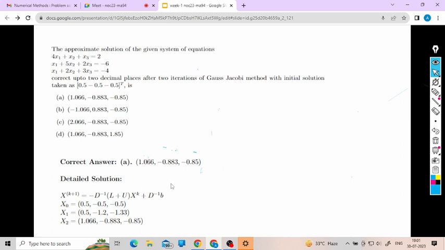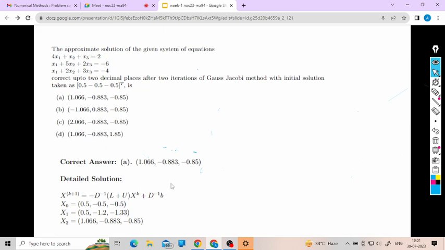So what are you getting? The first value will be 0.75. Here it is a mistake. So the first value will be 0.75.